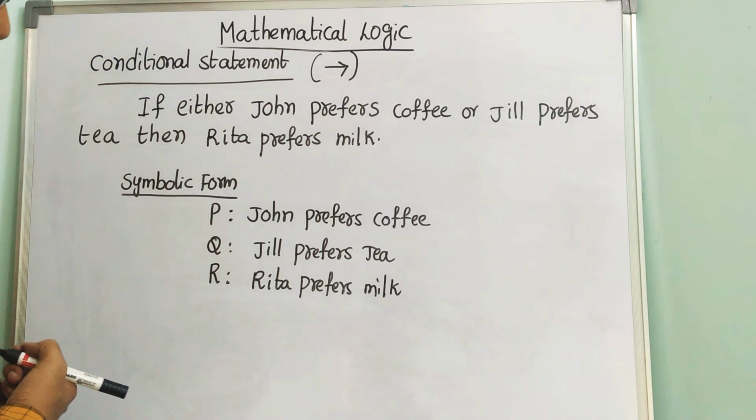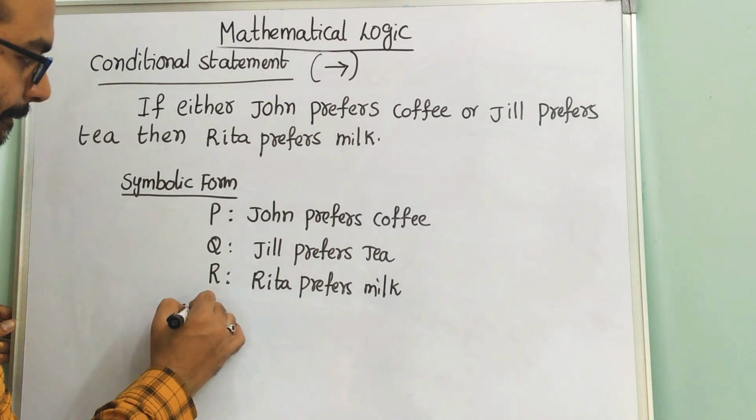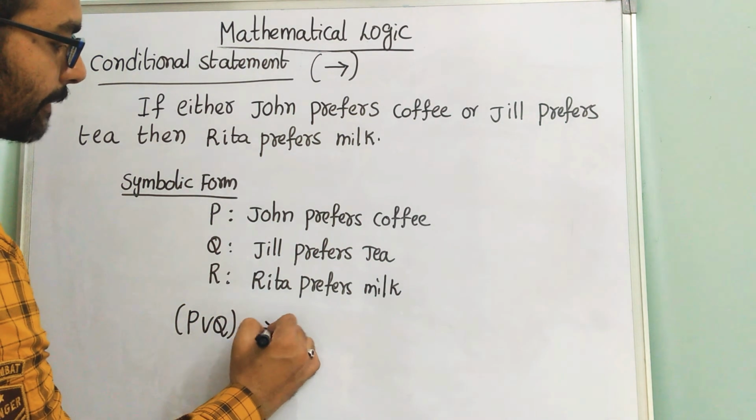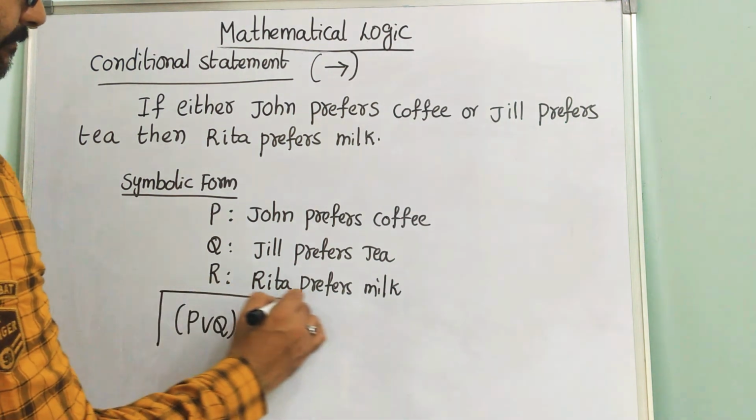So this can be expressed as P or Q implication R. Okay, this is the corresponding symbolic form.